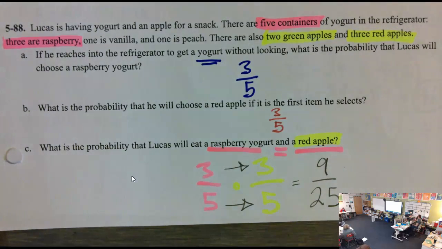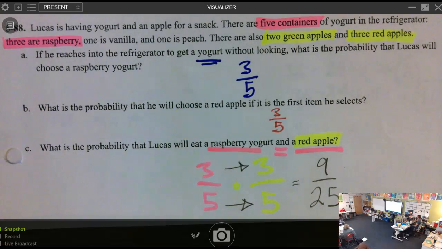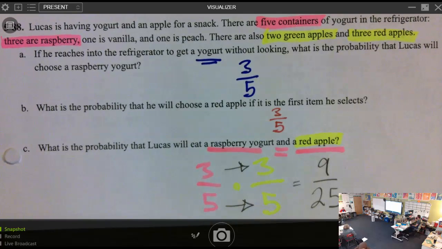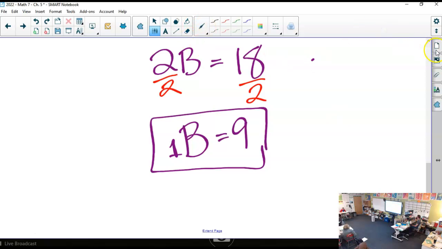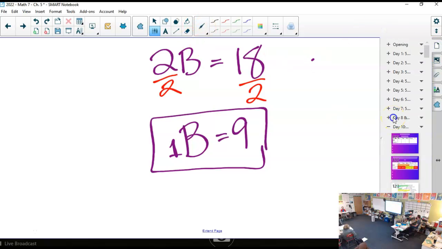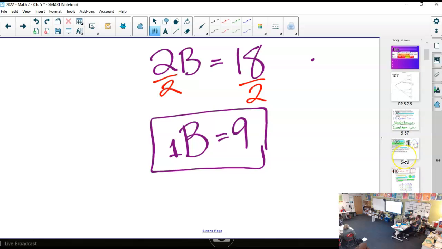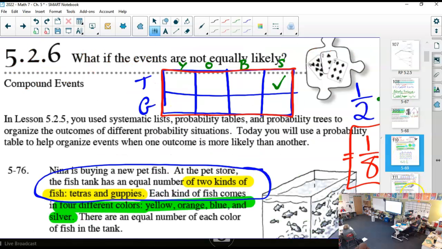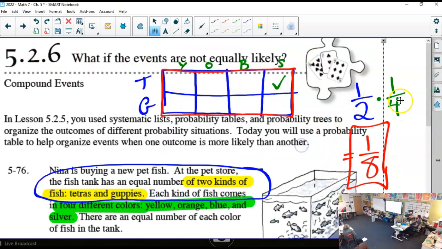Here's where we take it back to our lesson where we talked about the tetras and the guppies. If we remember doing the fish tank, our tetras and our guppies. What's the chance of getting a tetra? What's the chance of getting silver? Because we wanted a silver tetra.